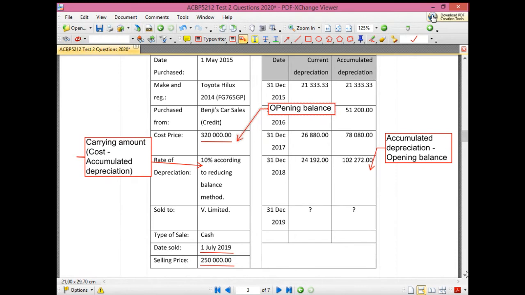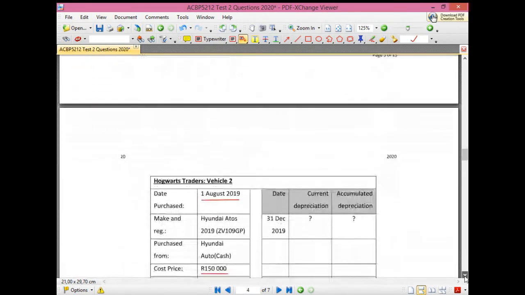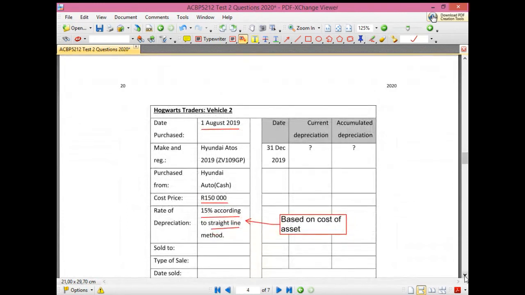Now, what other information do we have in the question that we can already enter? So we also know, if we go to the second one, we purchased another vehicle on the 1st of August for 150,000. So in our vehicle account, it will also increase on the 1st of August with another 150. So that is information you can just capture based on the tables they have provided to you.